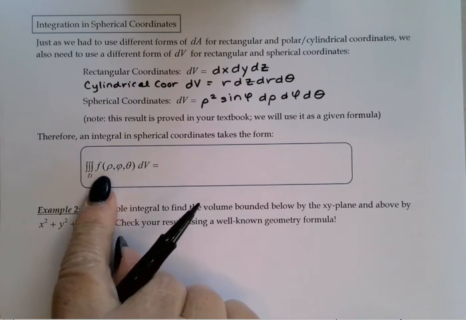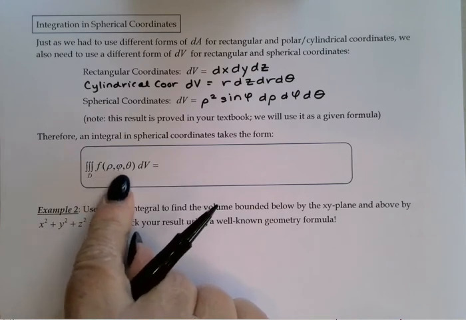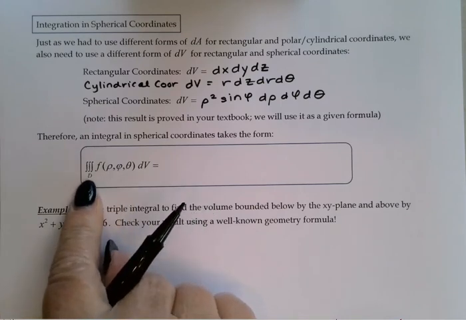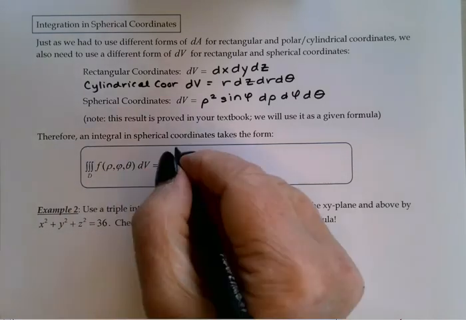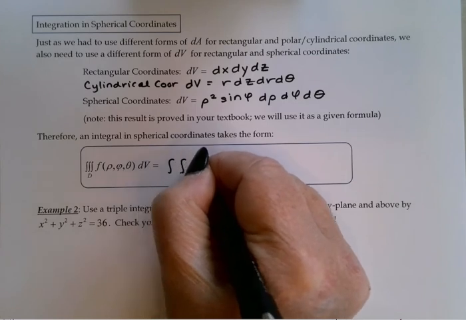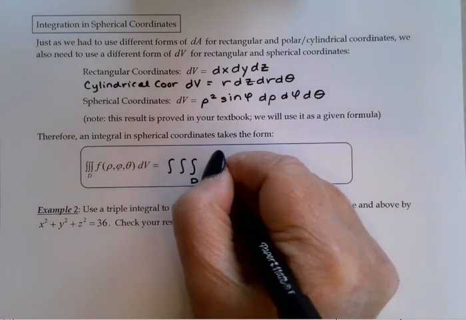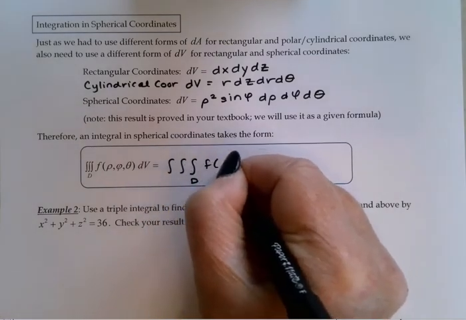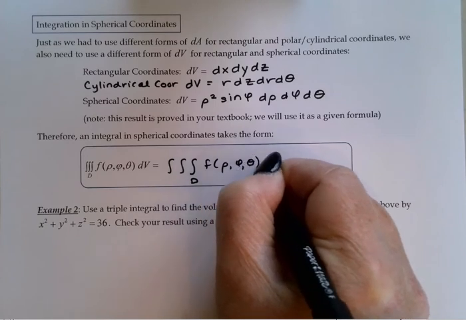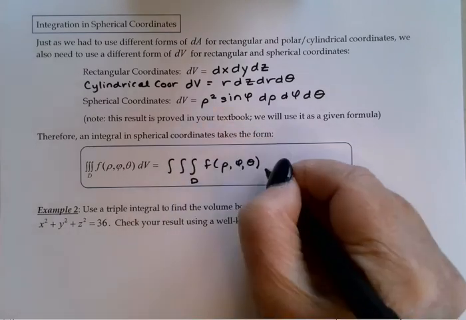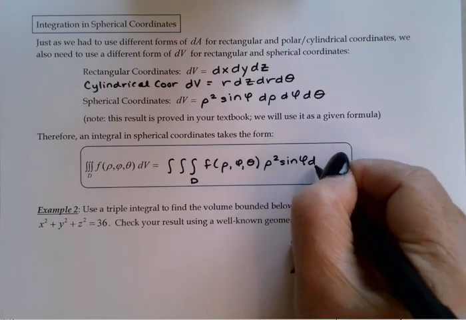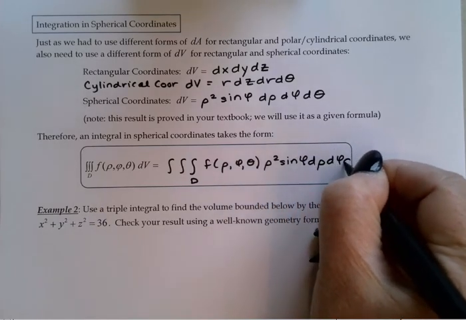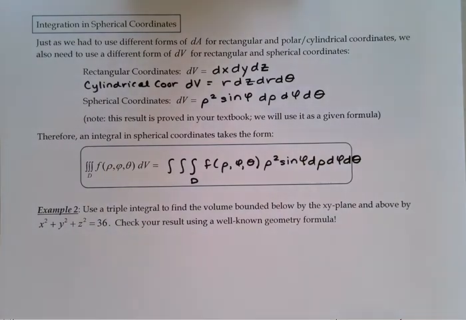So if I have a function in spherical coordinates, I'm integrating it over some solid object D, integrating dV. The way I'll always set that up is to say, let's integrate our function, and then the dV gets replaced with rho squared sine phi d rho d phi d theta.